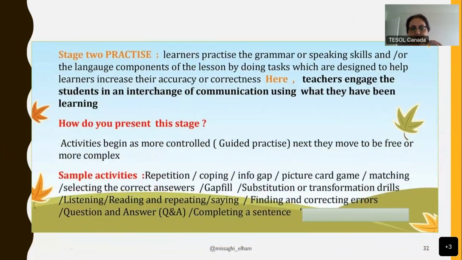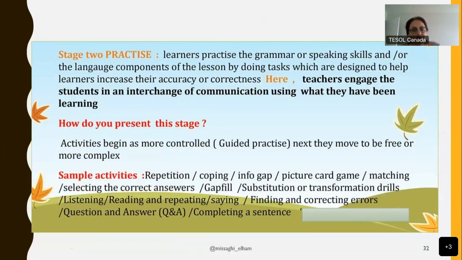Stage 2 is a practice time. It's a time that students start to do some activities based on the meaning and the form. Like for lower level, they have to repeat something. They need to copy something. They have to fill in the blanks. For example, they listen and have to fill in the blanks.